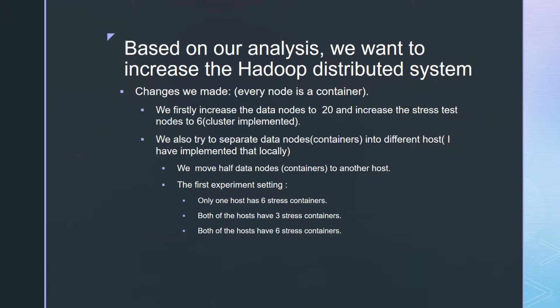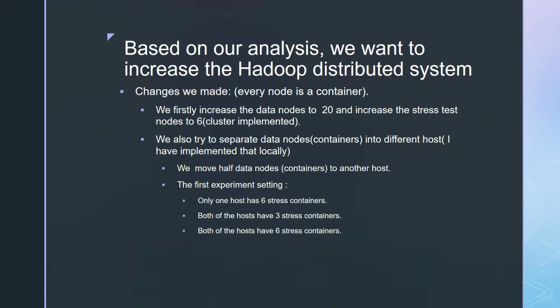I have already implemented it in the cluster. Then I want to separate the data nodes onto 2 different hosts, which I think we discussed before, and I have implemented that locally already. I will set some cases to test them.